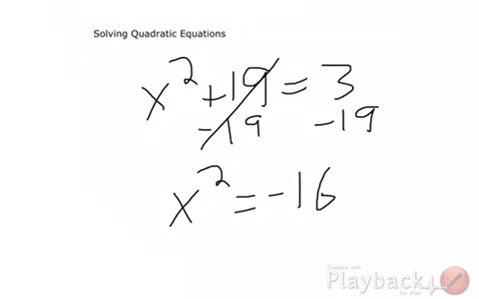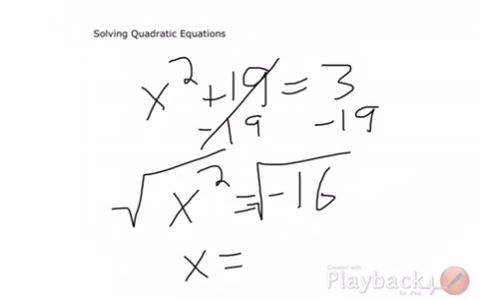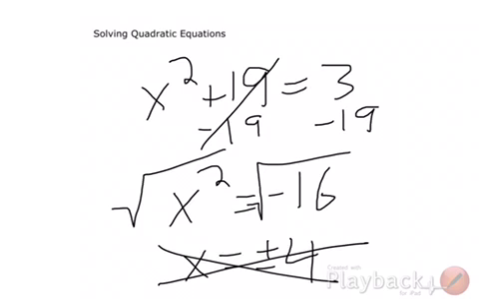And then a lot of you did the correct thing. You took the square root of both sides and you said x equals plus or minus 16. I'm sorry, not 16, 4. And some of you are like, all right, great, I did it right. But this is not correct.